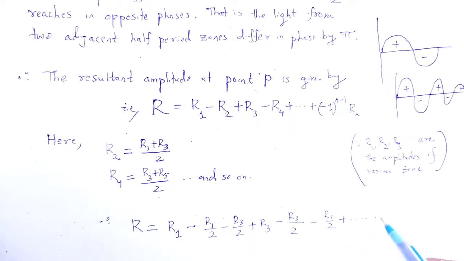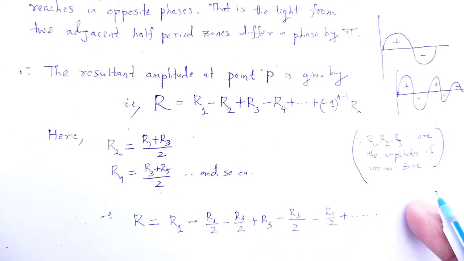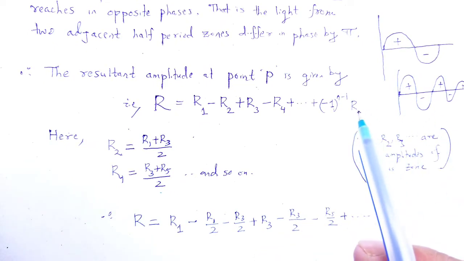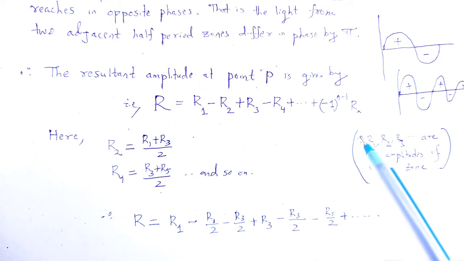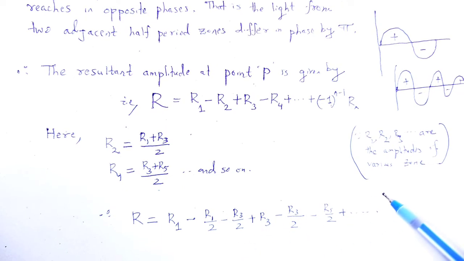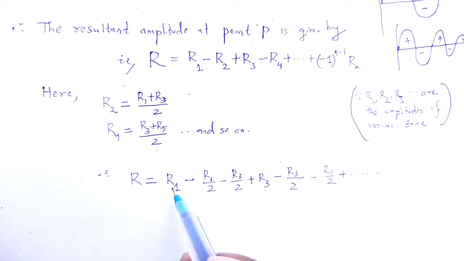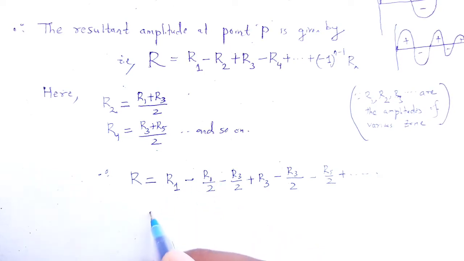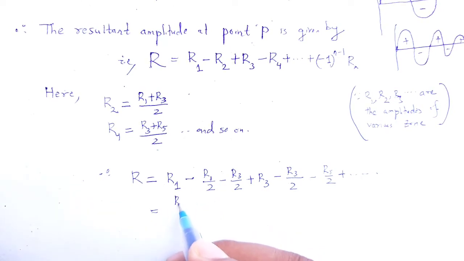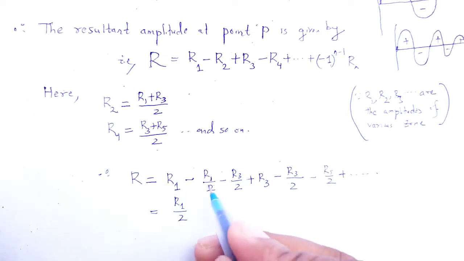Plus and so on, up to the term that depends upon the value of n, whether n is odd or even. Look at that particular expression here. R1 minus R1 by 2 is R1 by 2.